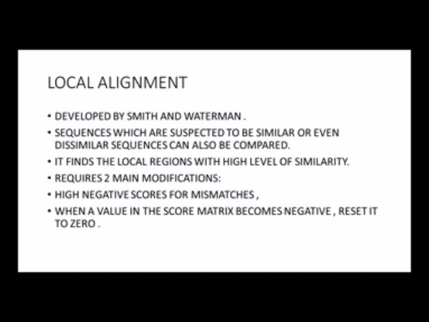It requires two main modifications. Firstly, high negative scores for mismatches, and then when a value in the score matrix, that is the tabulation matrix, becomes negative, the value is reset to 0.